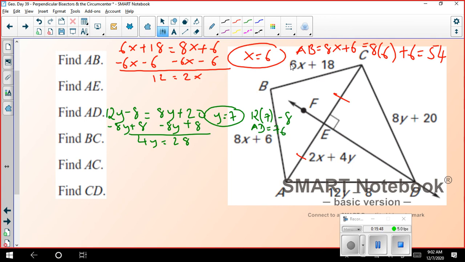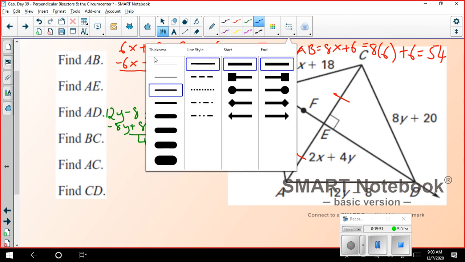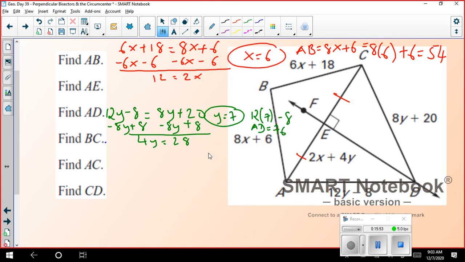Okay, AD equals 76. BC is same as AB, which is nothing but 54, and AC is twice of AE, and AE is 2x plus 4y, which is nothing but 2 times of x we found was 6 and y that we found was 7.